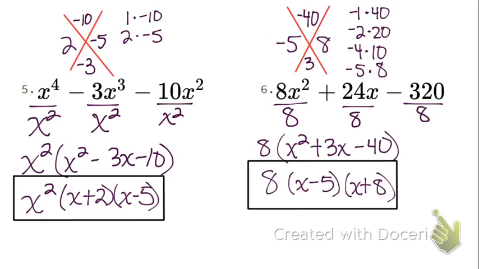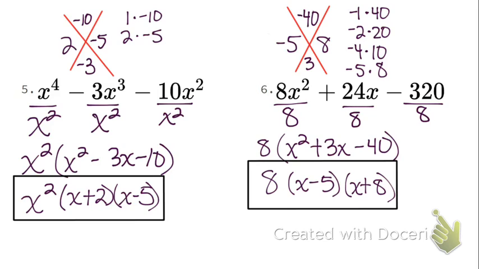Remember, when you have to use different signs, your bigger factor should have the same sign as your middle term or whatever you're trying to add up to. So my bigger number was 5, and it was the -1. 2 plus -5 adds up to -3.